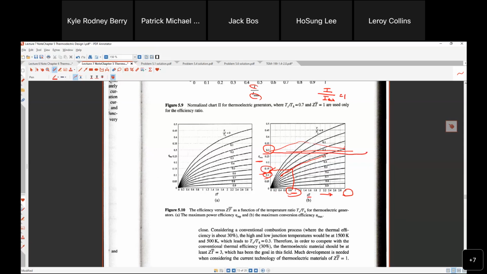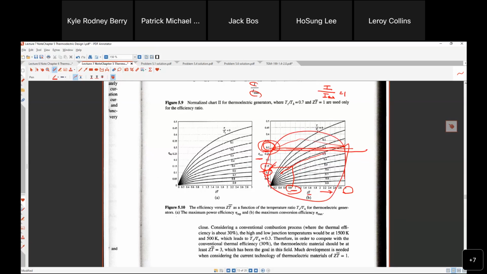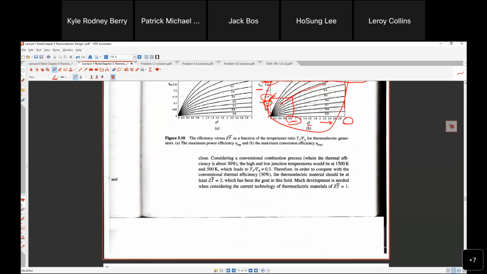If you go to GT 3, there is no piston, nothing, just combustion and temperature. It converts to 30%, ideally possible. Some indication of efficiency with the thermoelectric.